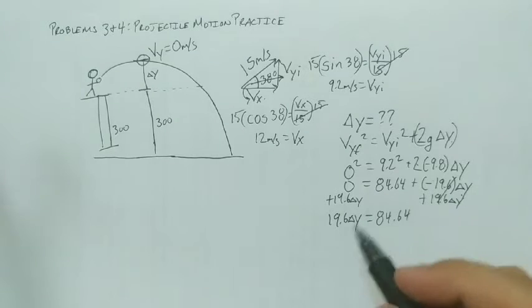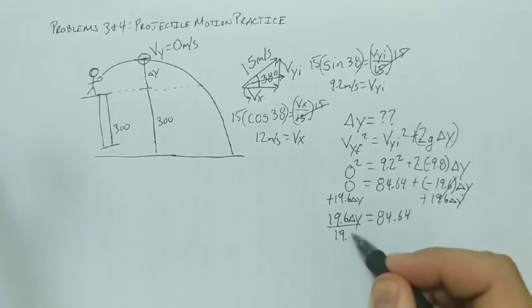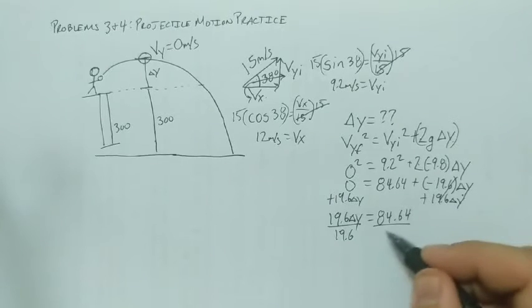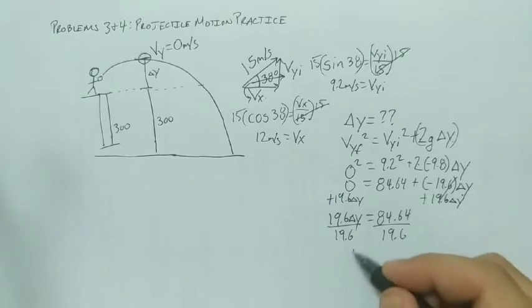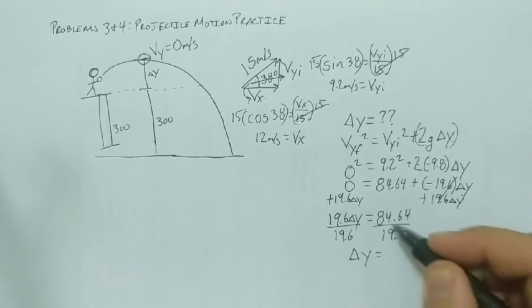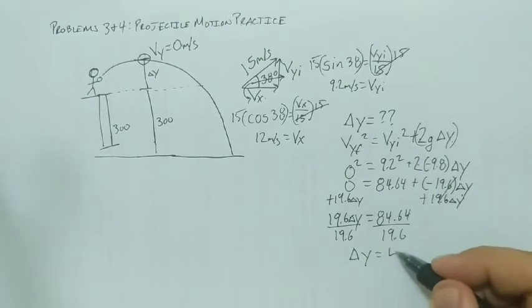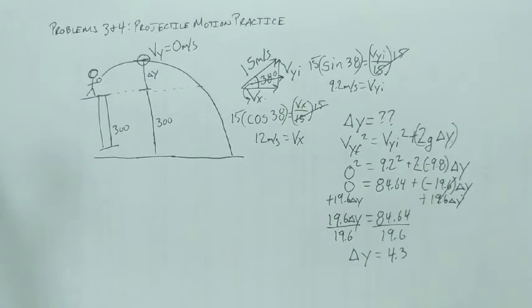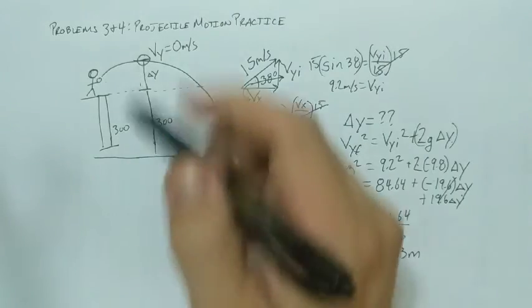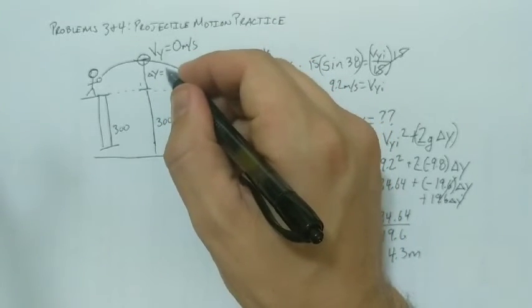And then my last step, divide by 19.6, divide by 19.6, and delta y is 4.3. So from when I threw the ball, it rose 4.3 meters. So my delta y is 4.3.